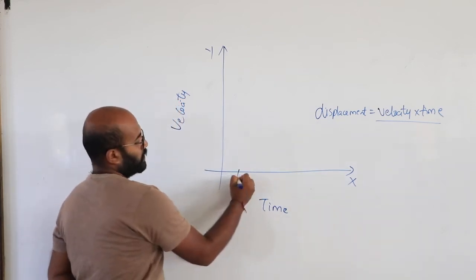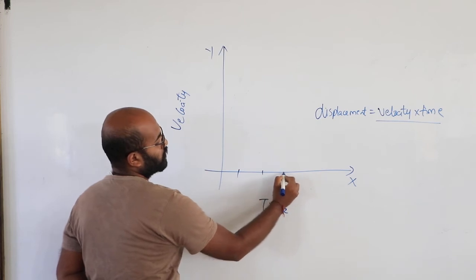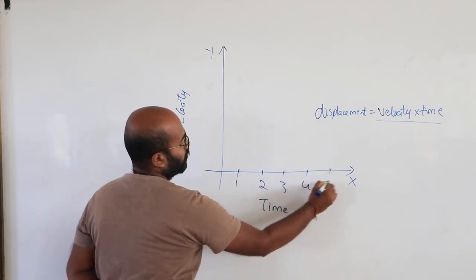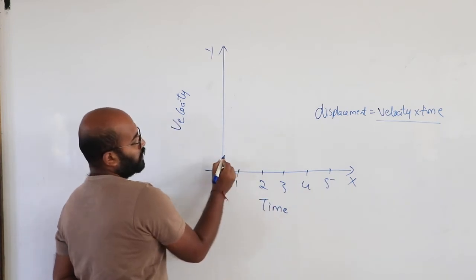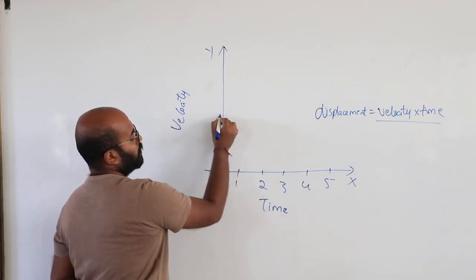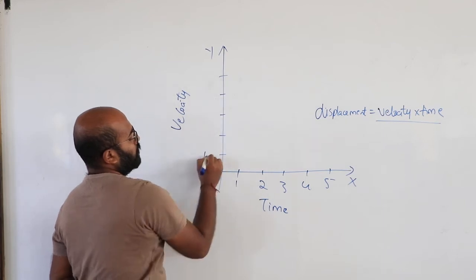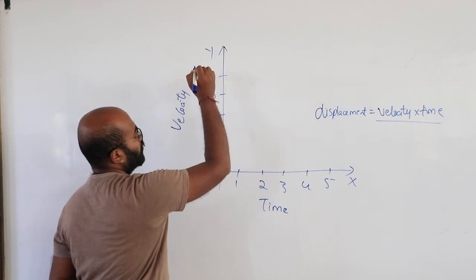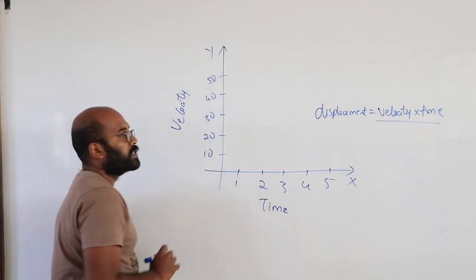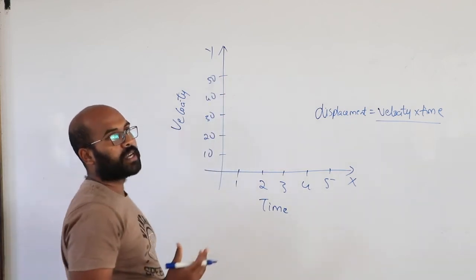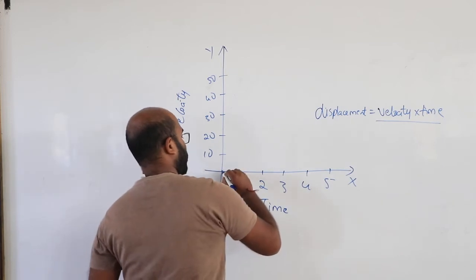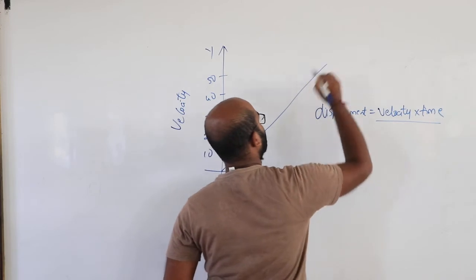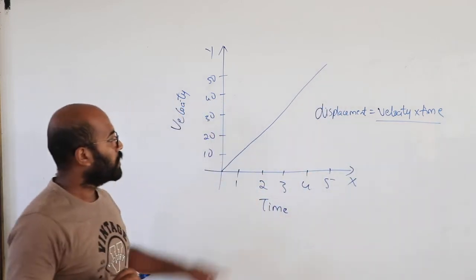Let's take the same thing. 1, 2, 3, 4, 5 on both axes. Here also we will take the same thing: 10, 20, 30, 40, 50. If we take the similar graph where the velocity is increasing linearly.